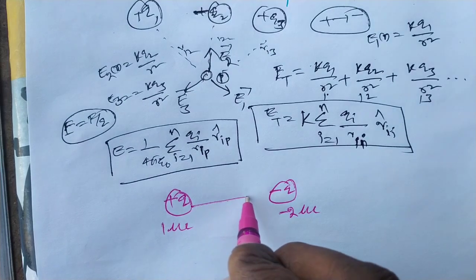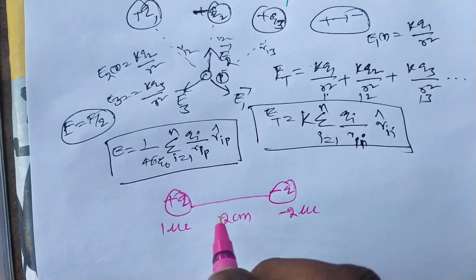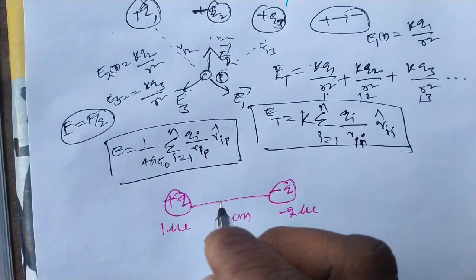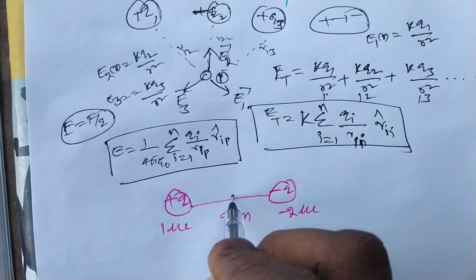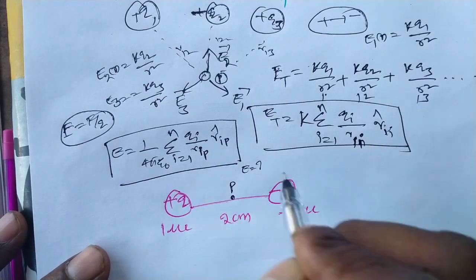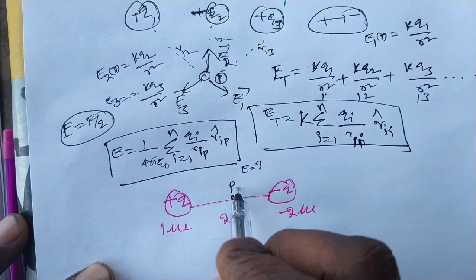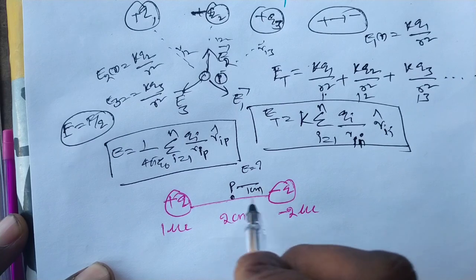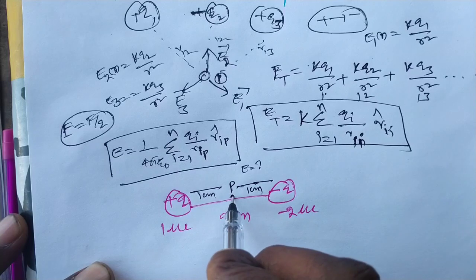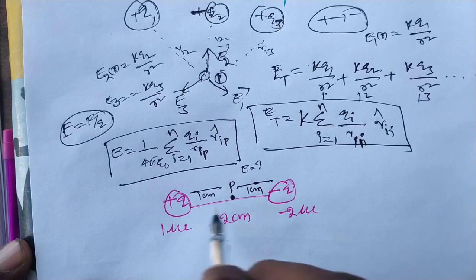The separation between the two charges is 2 centimeters. If P is the midpoint, 1 centimeter from each charge, what is the electric field at the midpoint between the two charges?